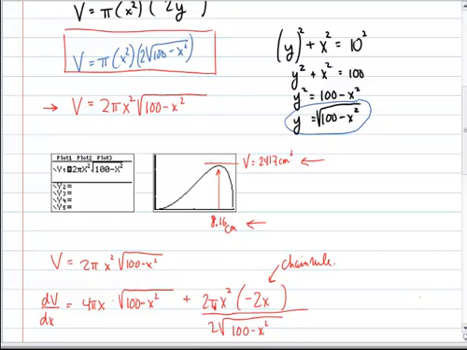Well, if you've completed this task, you should have found that the critical point algebraically is equal to 10 square root of 2 over 3.